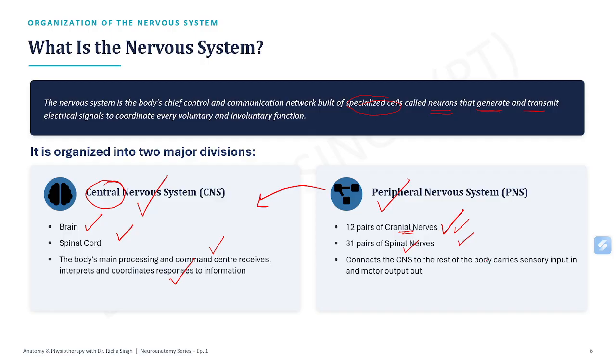As there has to be someone who should tell what is happening all over in the body and take that information and give it to the masters who are going to decide each and every voluntary and involuntary movement.